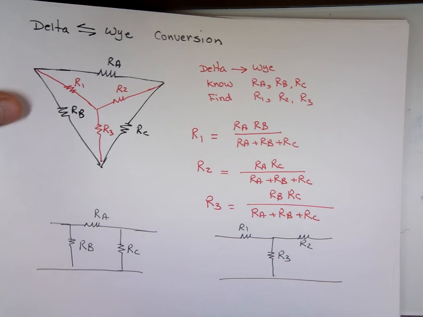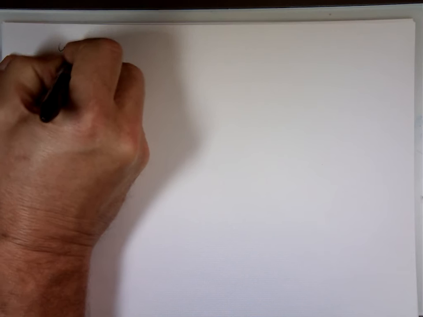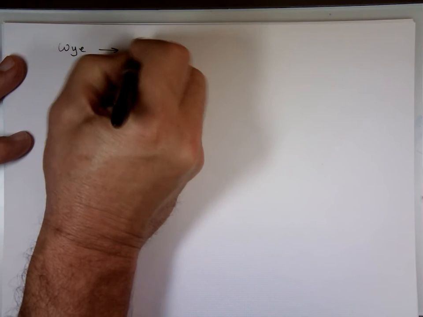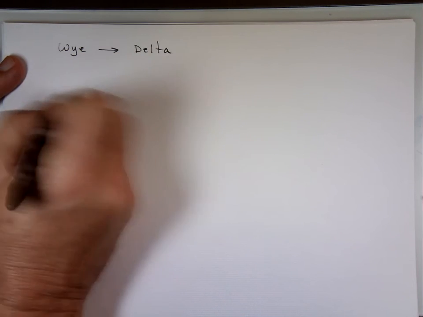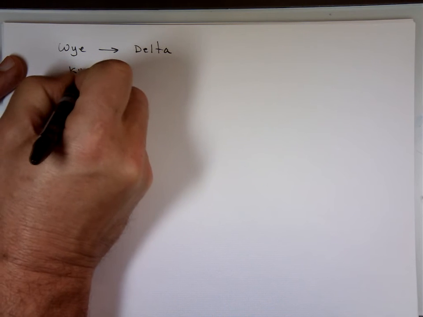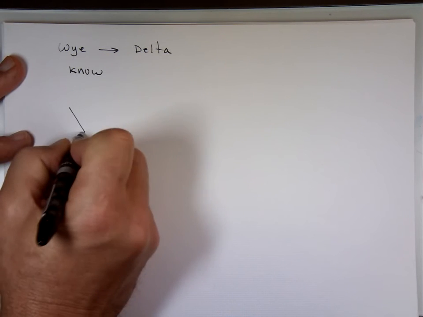Now the other one, if you have Y and you want to go to delta, let me draw Y, it looks like this.